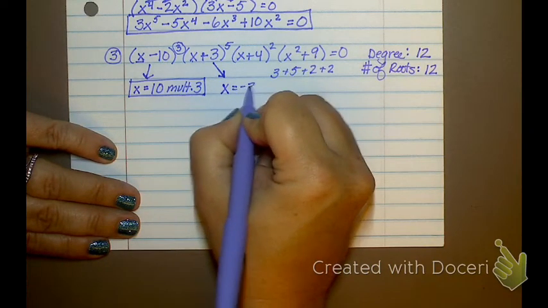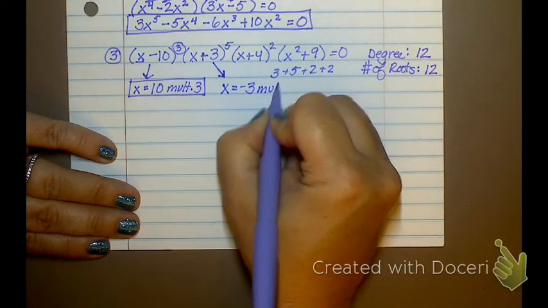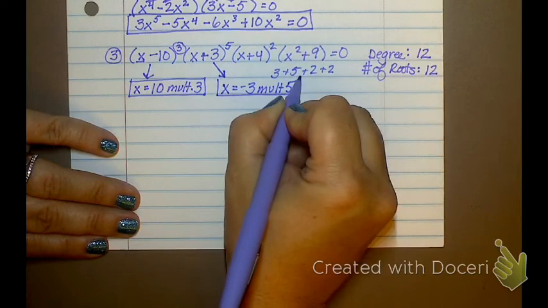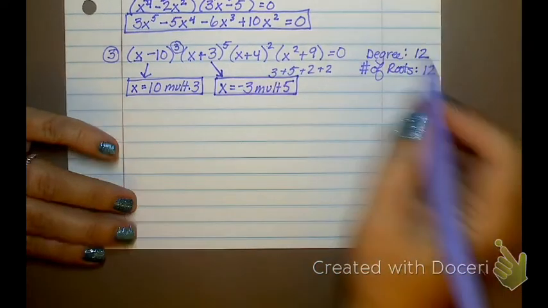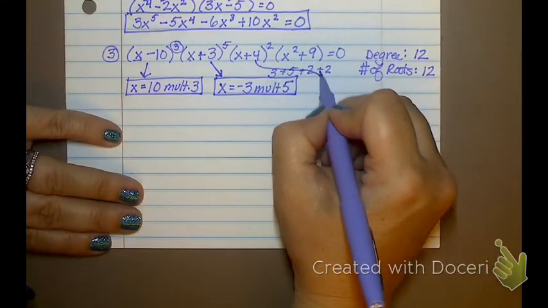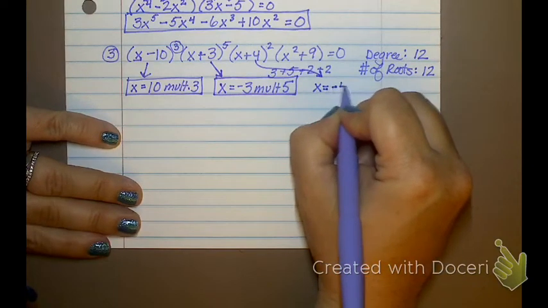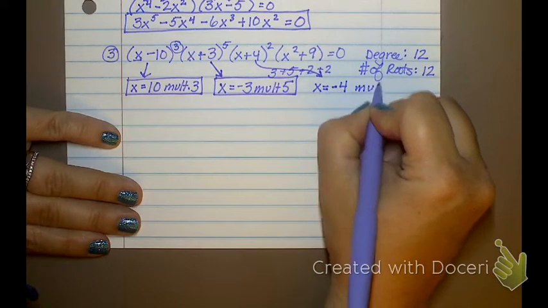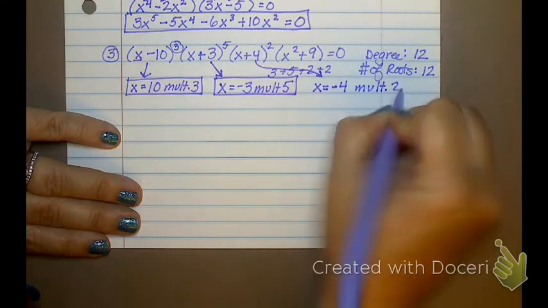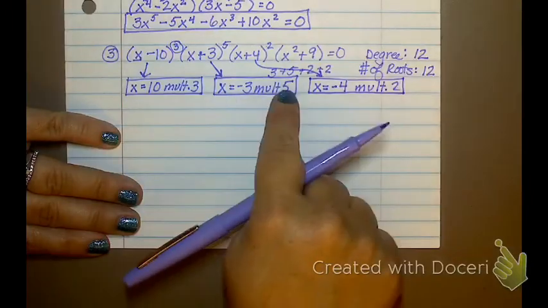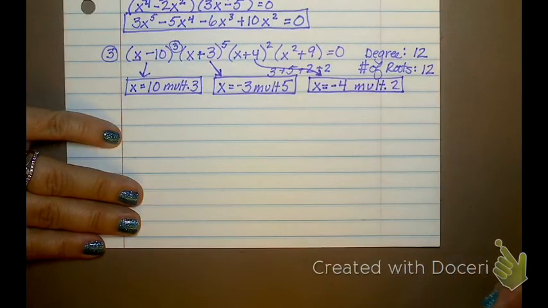Negative 3 with a multiplicity of what? 5. Okay. X plus 4 squared. What am I going to get there? X equals what? Negative 4 with a multiplicity of what? 2. So how many of my 12 answers do I have so far? 3, 8, 9, 10. So I only have 2 more.